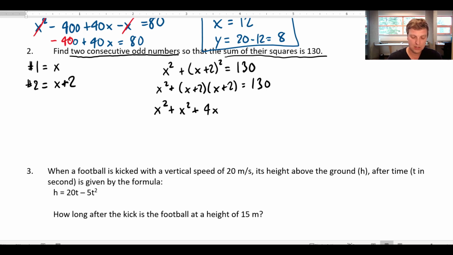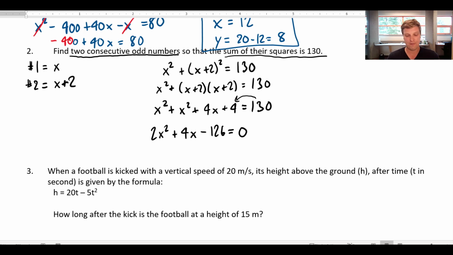And then 2 times 2 is 4, so plus 4 equals 130. I'm going to collect my like terms, and I'm going to bring the 130 over to this side of the equation by subtracting, and I would get 2x squared plus 4x. Let's see, 4 minus 130 is going to be minus 126 equals 0.